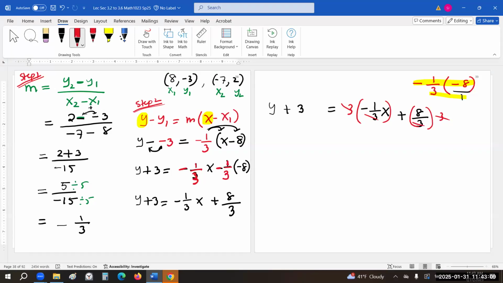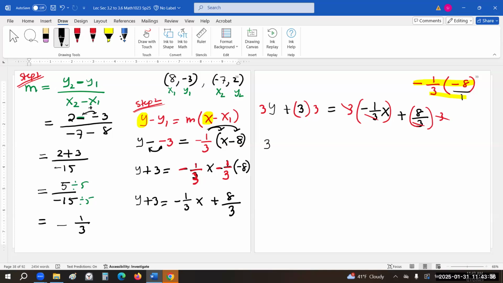But math doesn't let us do only one side. It tells us to do everything. So we need to multiply every term by 3. These 3, they're not useful, but we have to put them. But these 3, we must put them to get rid of our denominators.